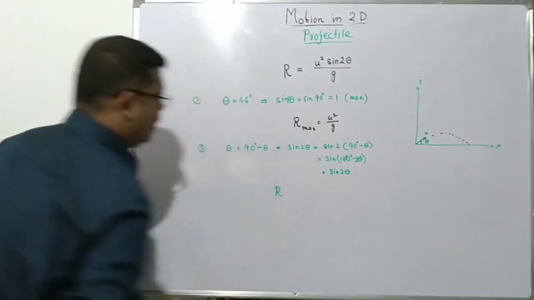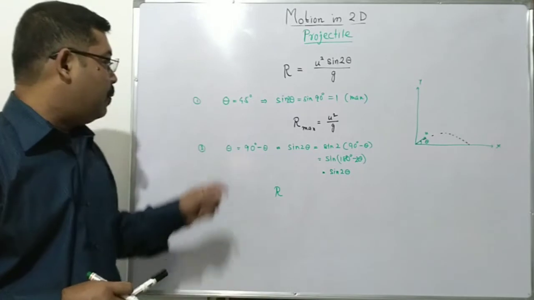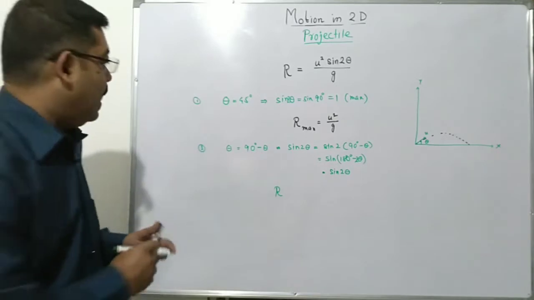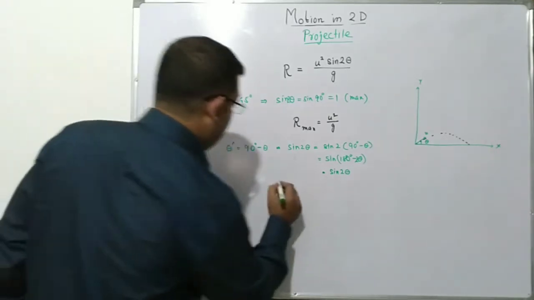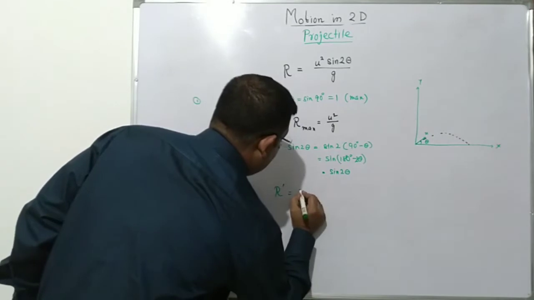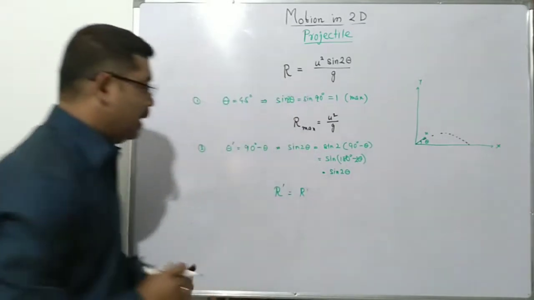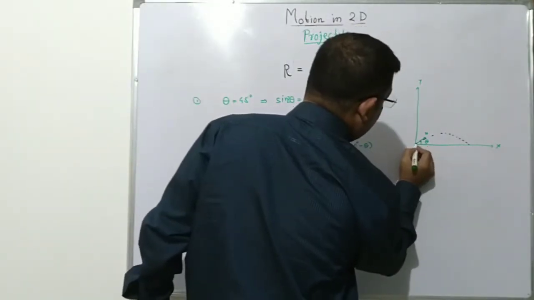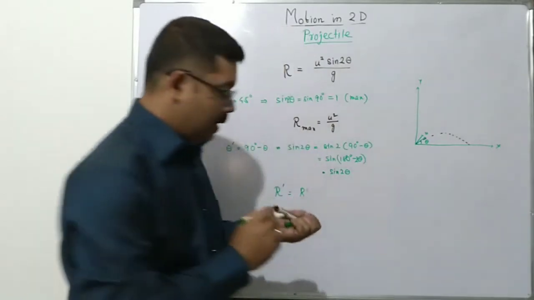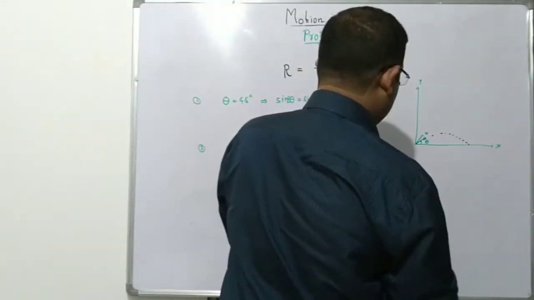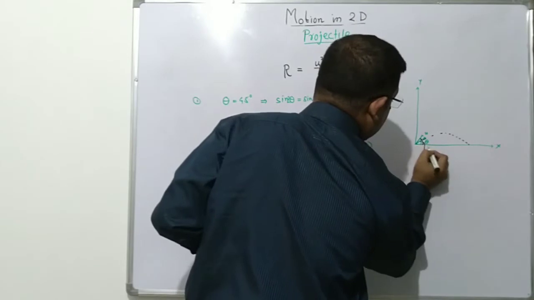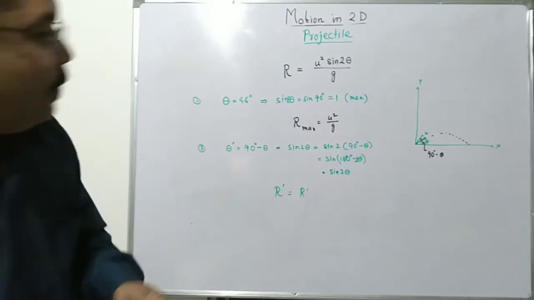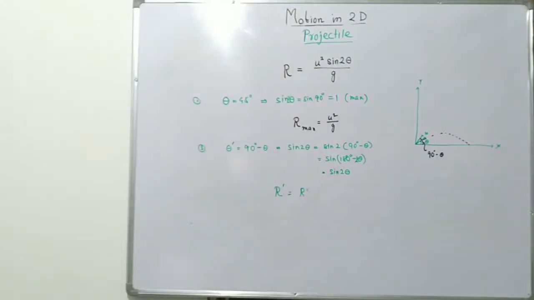That means the range for a projectile that is launched at an angle complementary to the initial angle, R dash, will simply be equal to R. That is to say, if instead of theta it is projected at an angle of 90 degrees minus theta, then the projectile will have the same range as the previous one.